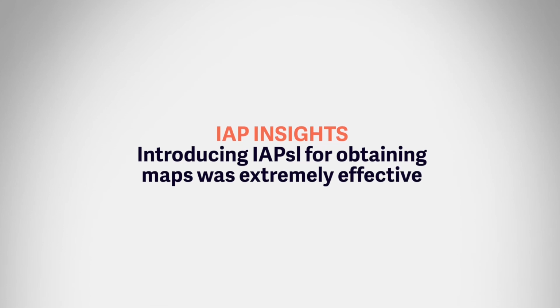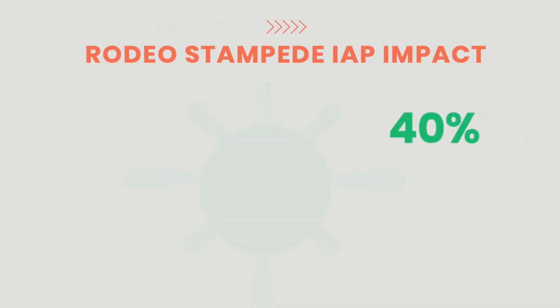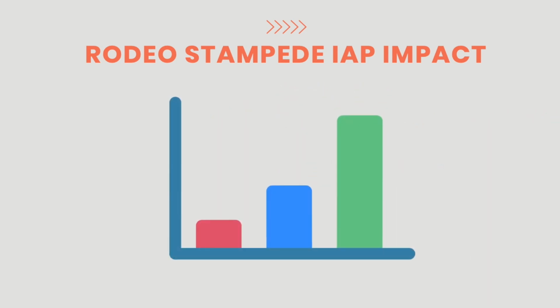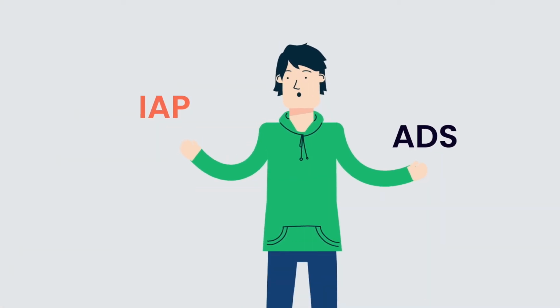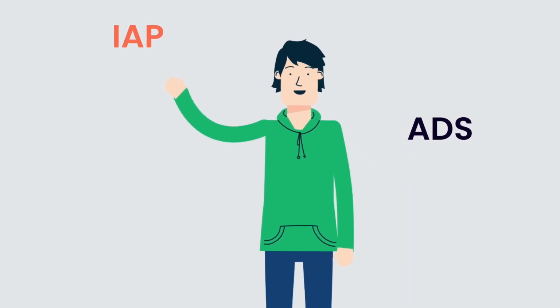The introduction of IAP to obtain maps proved extremely effective, and the revenue mix between ads and IAP shifted in favor of IAP, increasing from 30% to 40% of total revenue. More importantly, the overall LTV for each average player was also increasing at a significant rate, proving to us that we were not simply shifting the mix between ad and IAP revenue, but were in fact growing the pie.